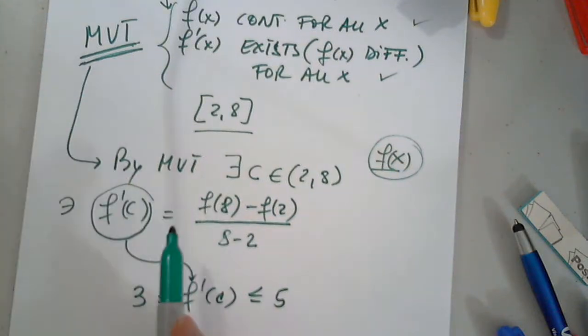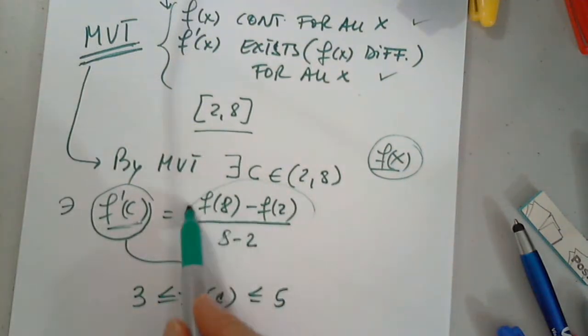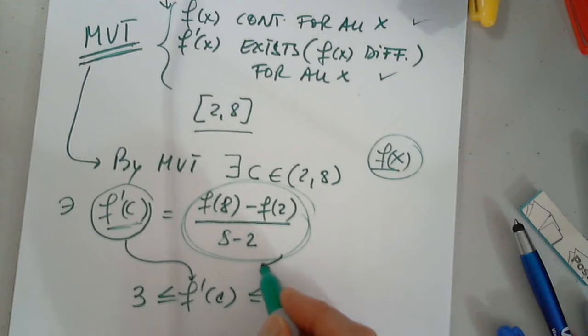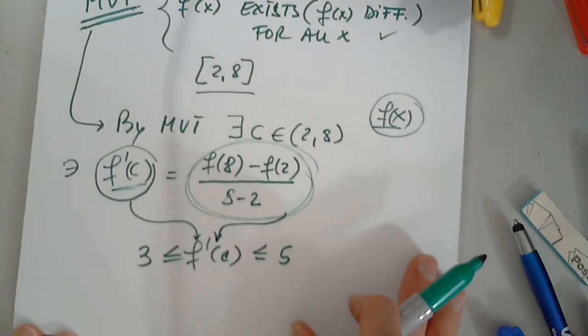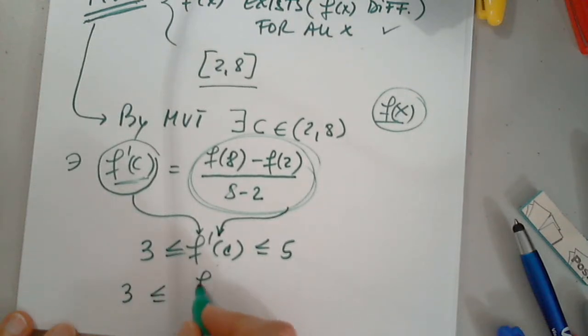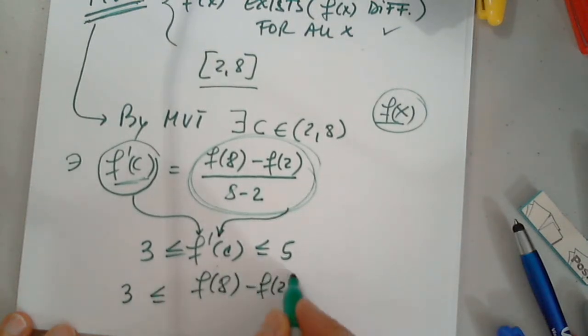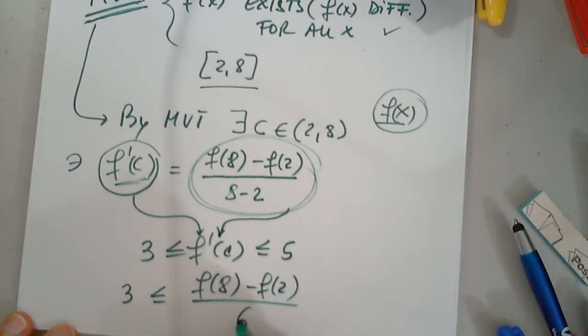But by MVT, f prime of c equals this. So I'm going to replace f prime of c by what it equals. Therefore I have 3 less than or equal to f of 8 minus f of 2, of course divided by 6, which must be less than or equal to 5.